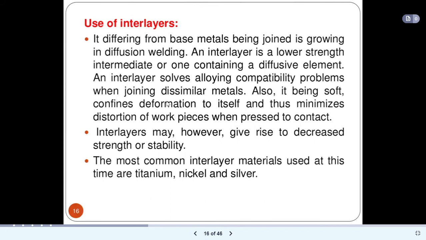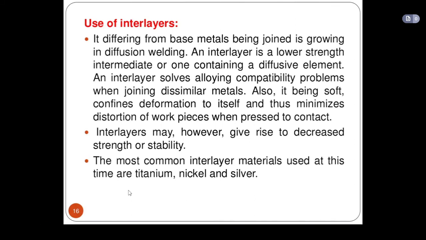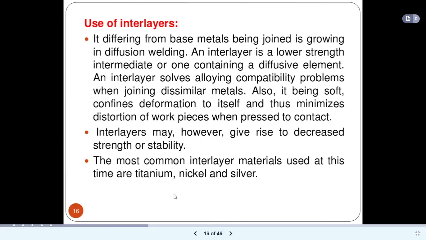Also, being soft, it confines deformation to itself, and thus minimizes the distortion of the workpiece when pressed into contact. The interlayer may however give rise to or decrease the strength or stability. The most common interlayer materials used at this time are titanium, nickel and silver.